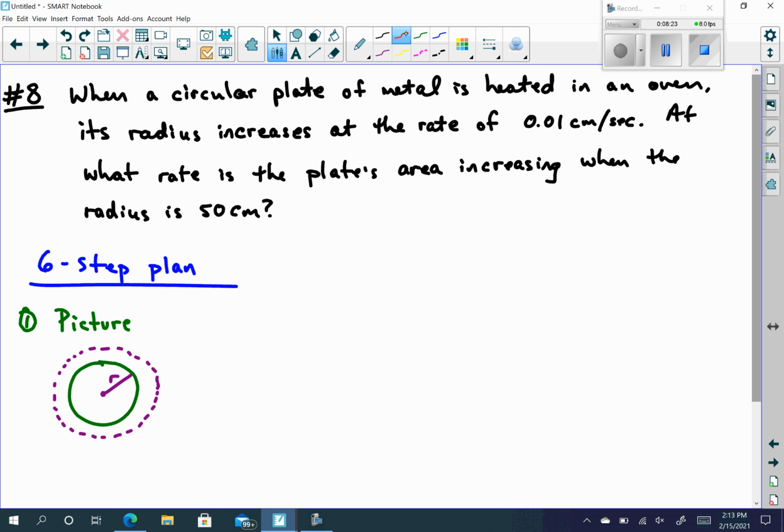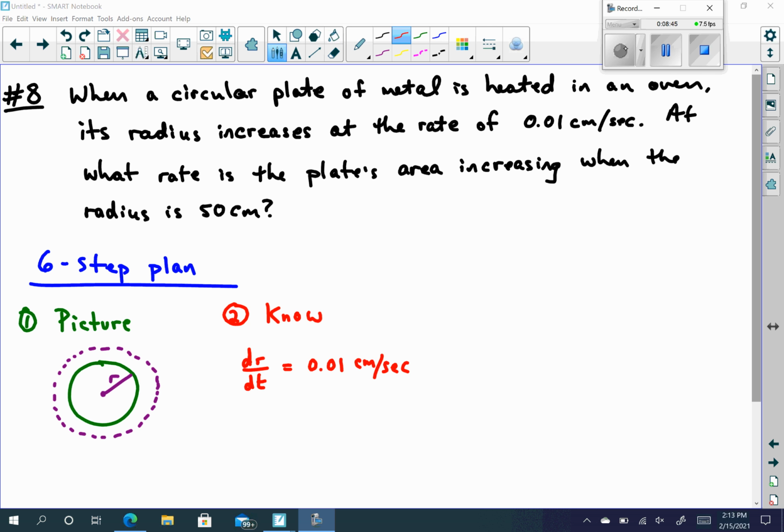Now step 2 is I want to write out what we know, what we're given. We are given that the rate of change of the radius, so I'm going to use dr over dt to represent the rate of change of the radius with respect to time, is equal to 1/100th centimeters per second.